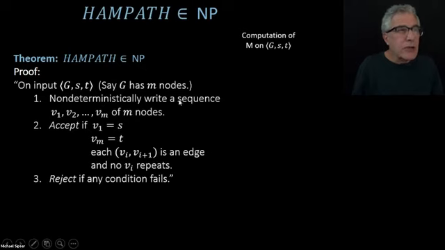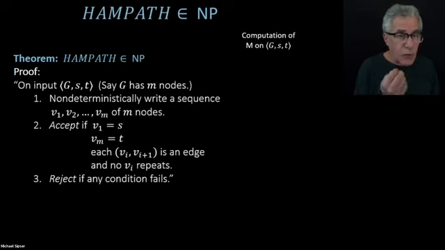So when I say non-deterministically write down a sequence of M nodes, this is getting into a little bit more detail than I would normally think about, because we tend to think about things at a higher level. But just to get us started, I think it's good to think about this with a bit more detail.